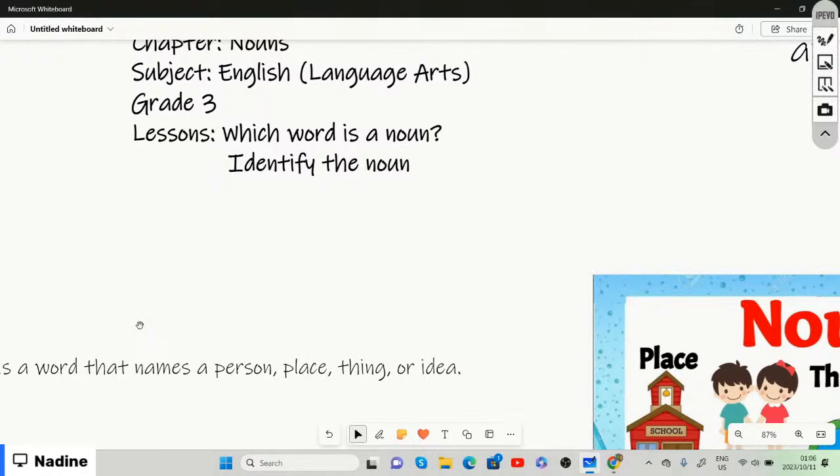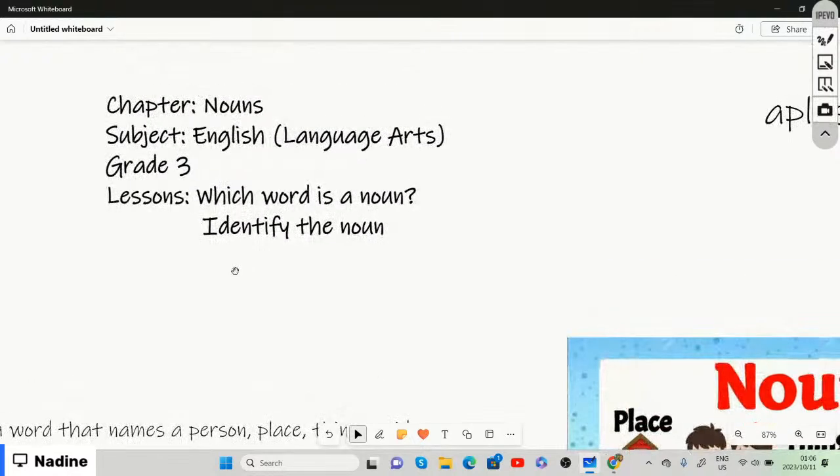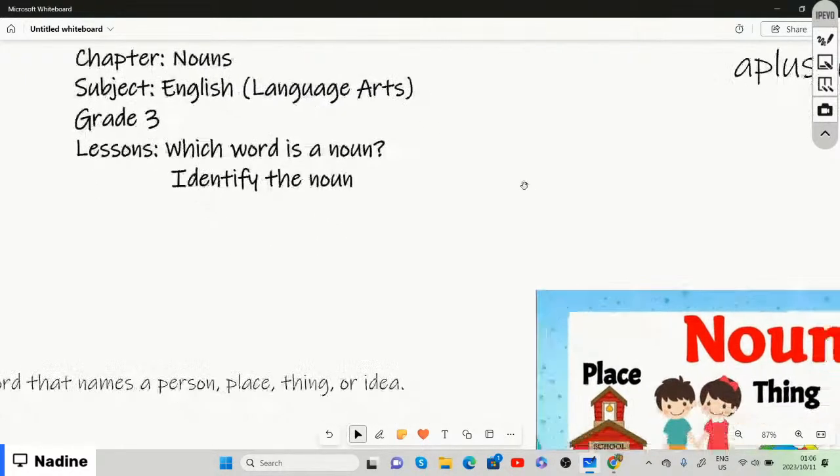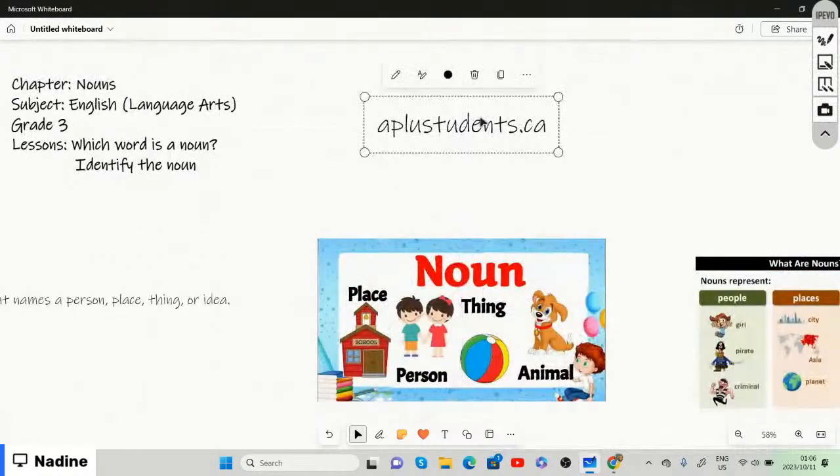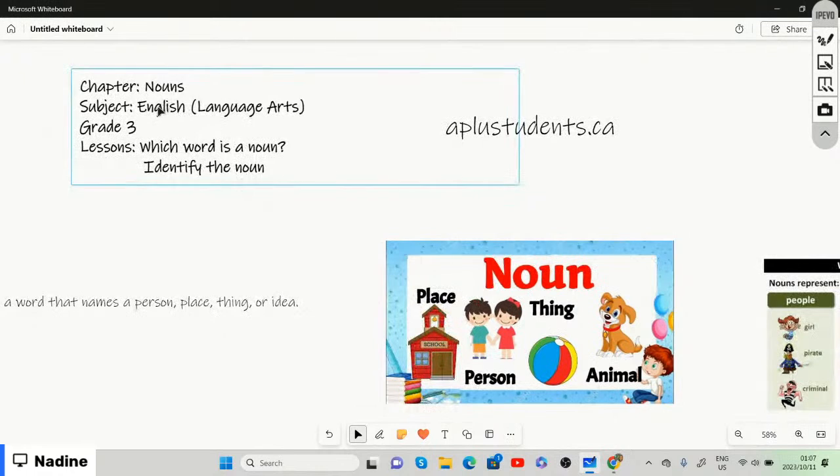That is our chapter, nouns, and our lesson for today. If you want to go back to the specific lesson, you can always go on aplusstudents.ca.